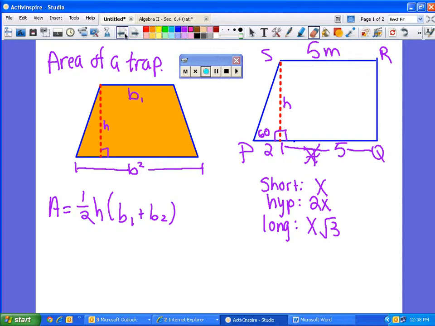Okay, do you understand what it says? Yeah. Okay, now, I tell you that x is equal to 2. What does that mean to you? If x is equal to 2, what is this? 2 radical 3. That's all.